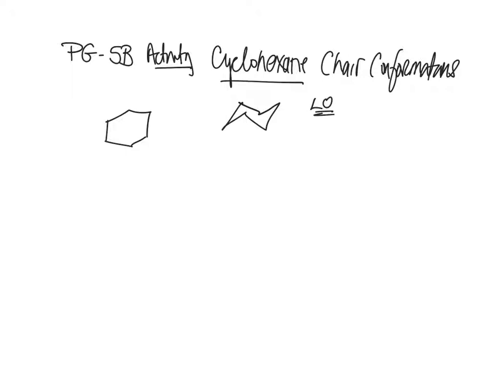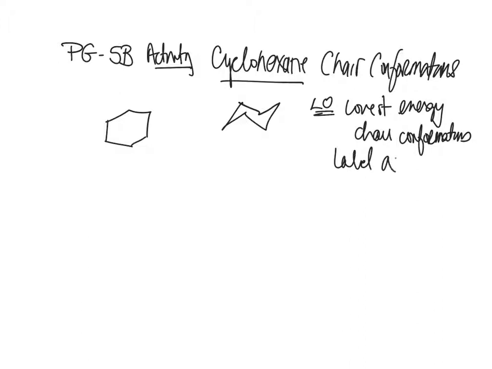Your learning objectives will be to draw these lowest energy chair conformations, label the axial and equatorial positions, and we'll also do a ring flip. So let's talk about how to draw the chair conformations first.